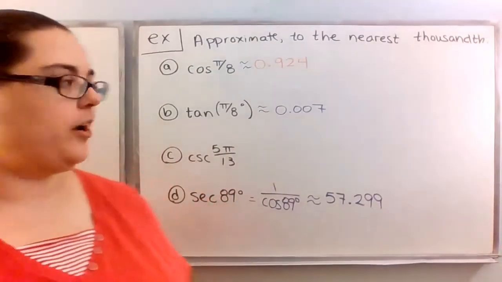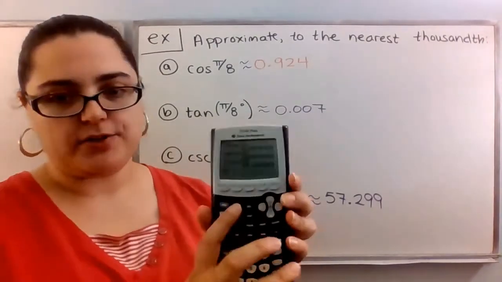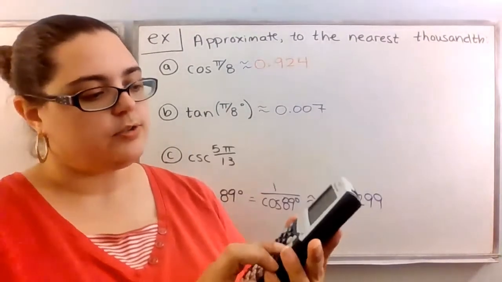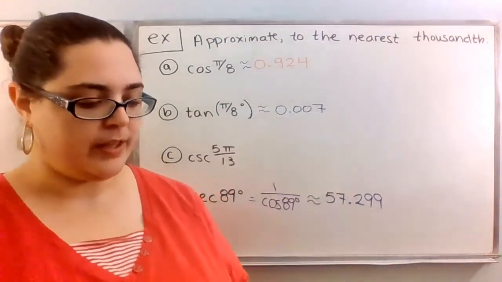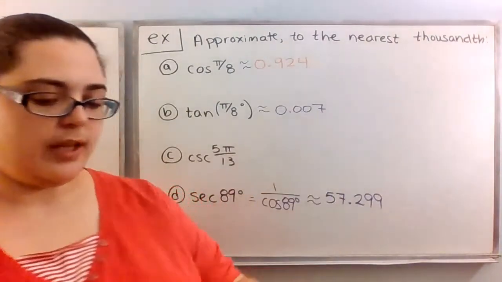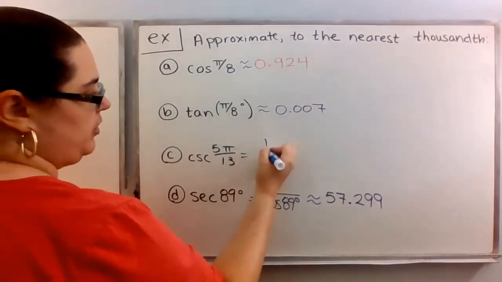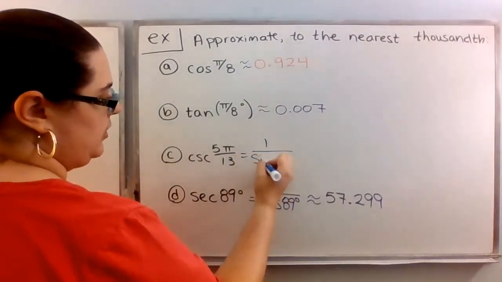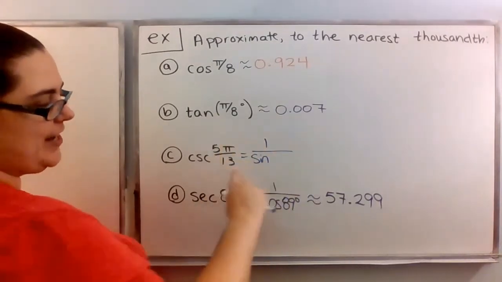Okay, and now to find cosecant, we're in radian mode. So I'm going to now switch mode, scroll down and select radian so that we can use that one. Then hit second mode to exit out. And then cosecant, well, that's the reciprocal of sine. So I'm taking the reciprocal of the trig function, not the angle.